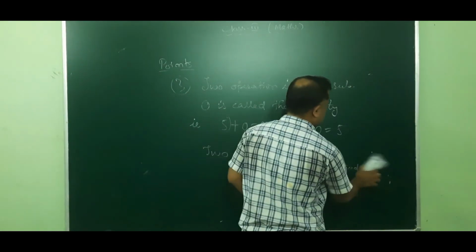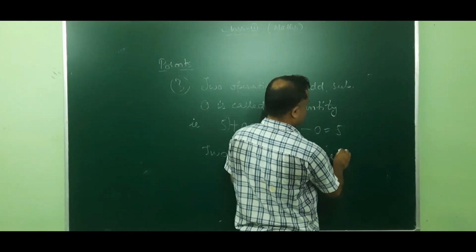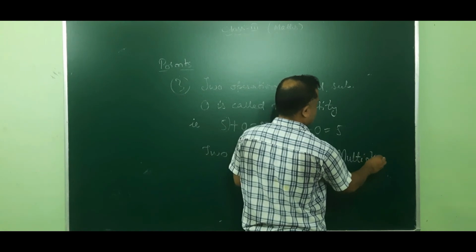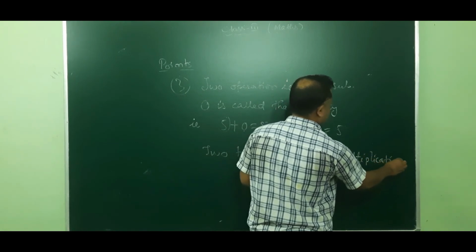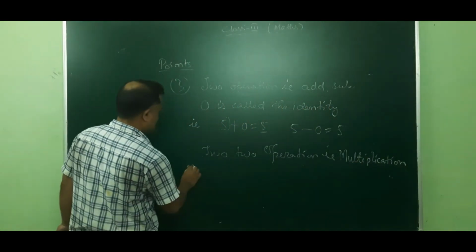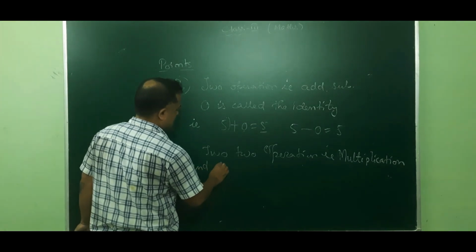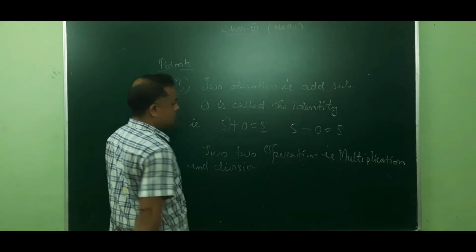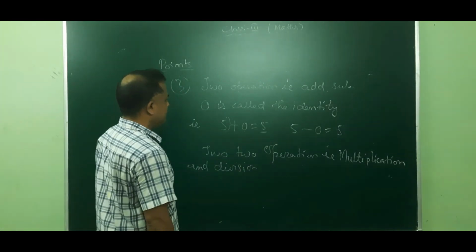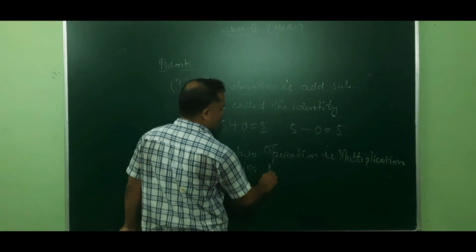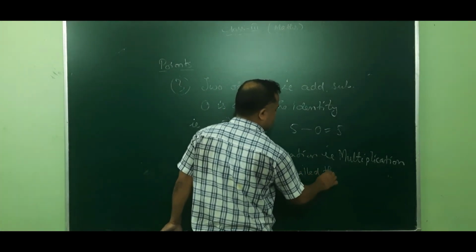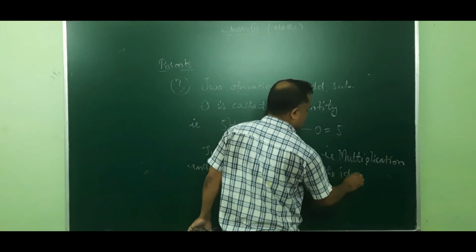In multiplication and division, we find 1 is called the identity.